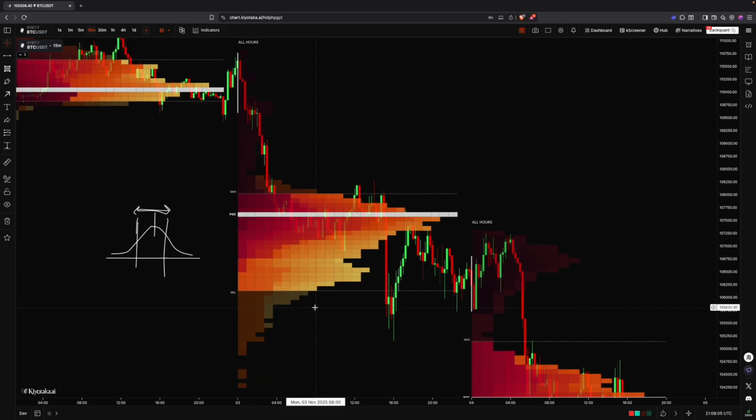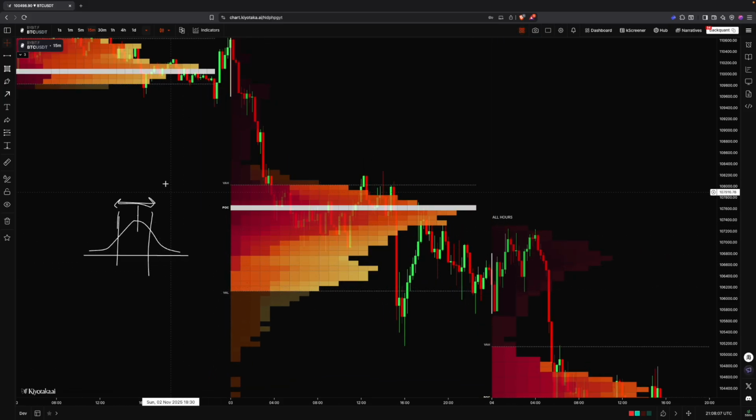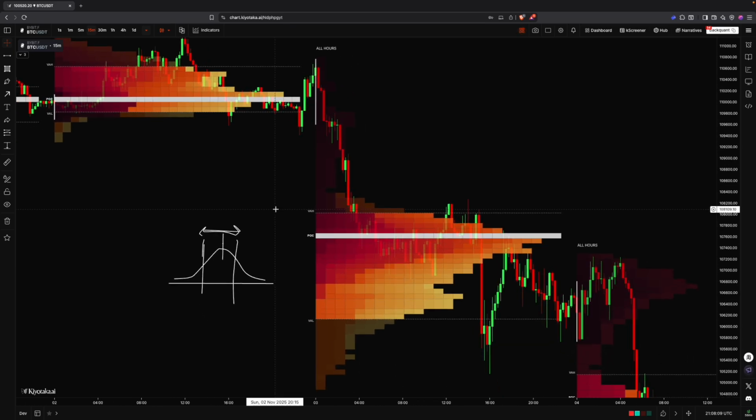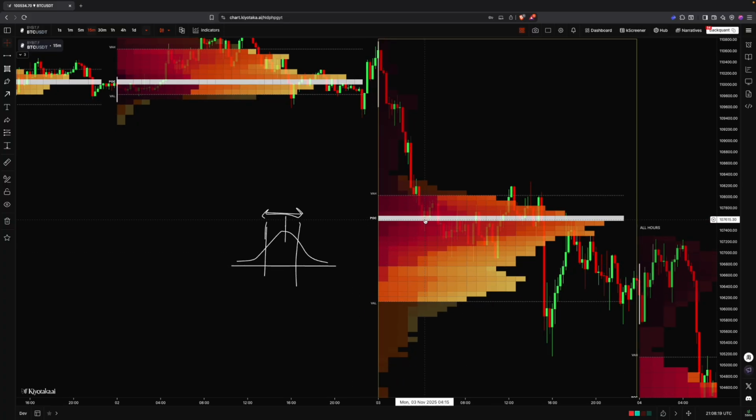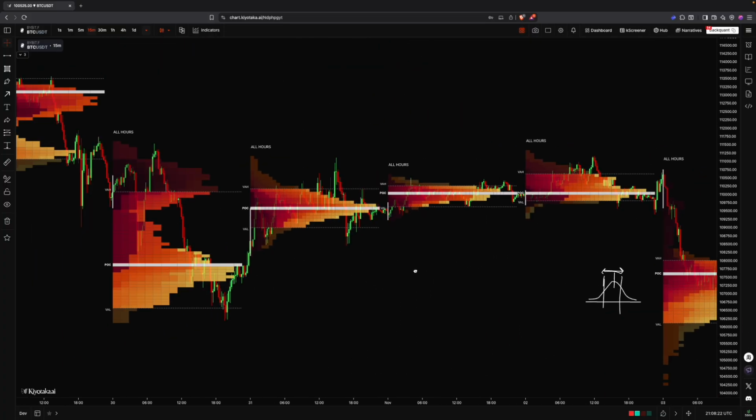Before we get into the settings, I want to touch on the skew of distribution. So this bell curve is a theoretical model, and in practical applications, you'll notice that there's varying shapes and sizes.